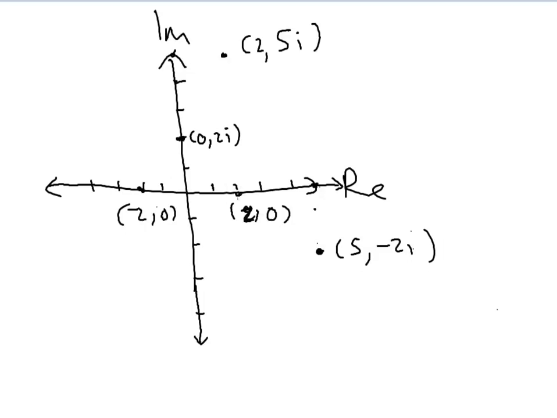So this number multiplied by i rotates it by 90 degrees, multiplied by i again, I rotate it by 90 degrees. So that's plotting complex numbers on an Argand diagram. And a thing I didn't mention: if I worked out the modulus, that is the length, the distance from here to the origin.